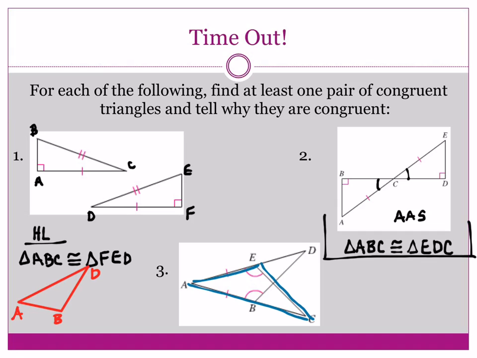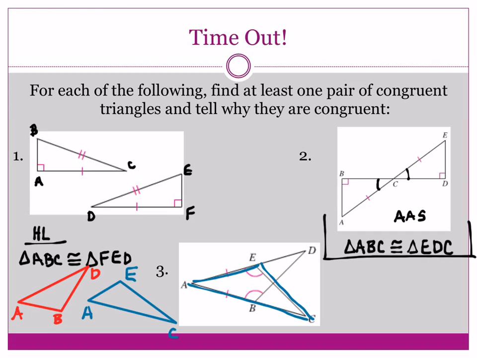Okay, so I'll try and draw that one in a blue color. And that's E, A, C. All right, so let's mark the things that are congruent according to the picture from here.